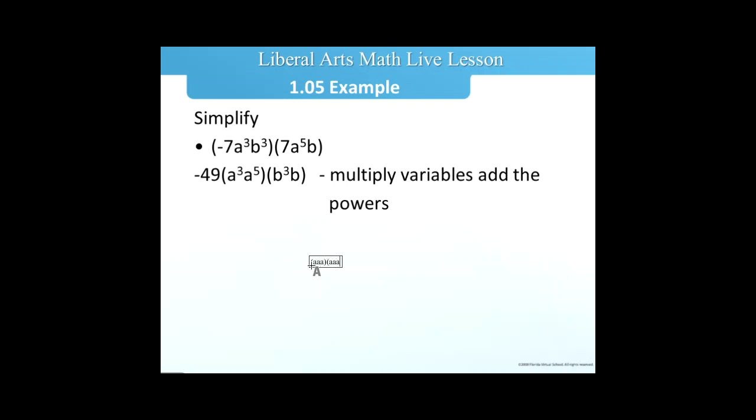A to the fifth is 5 a's. When you count that, you get a total of 1, 2, 3, 4, 5, 6, 7, 8 a's. So that's a to the eighth power. So whenever you multiply variables, you add the powers. Let me make that a little bit bigger here so that you can see it a little better.